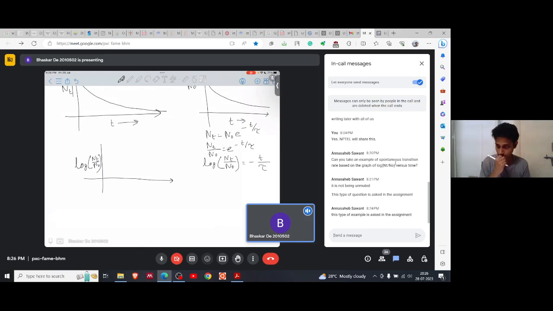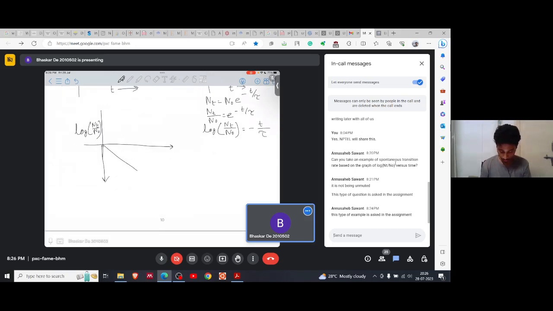So minus t by tau means that this will be this kind of curve in the negative. So this is t, and here it will start from 0.